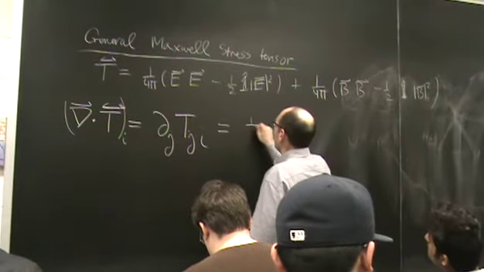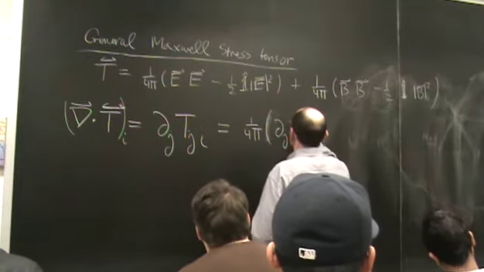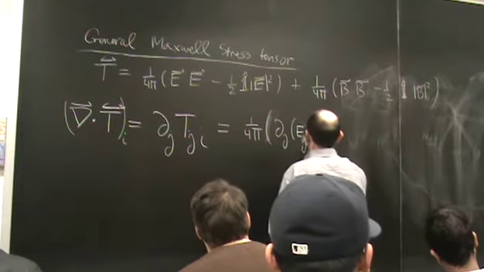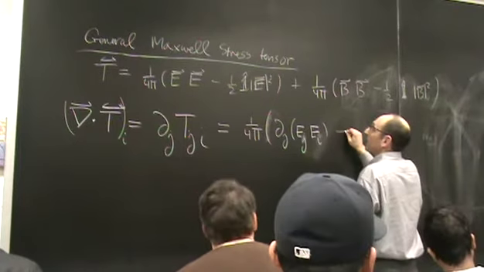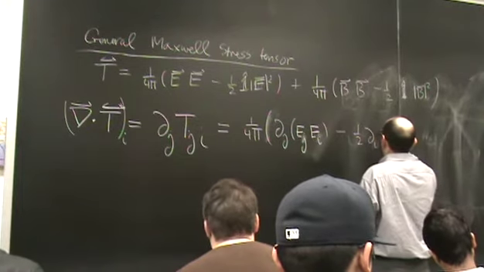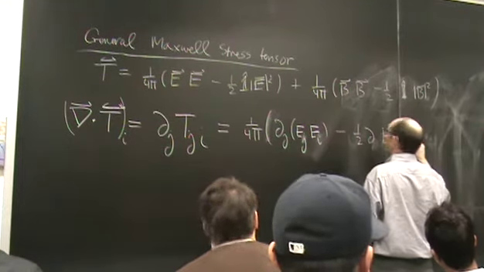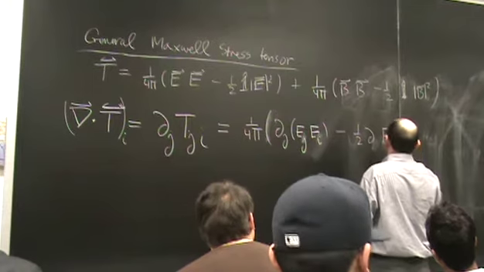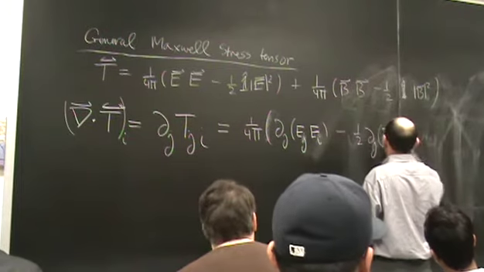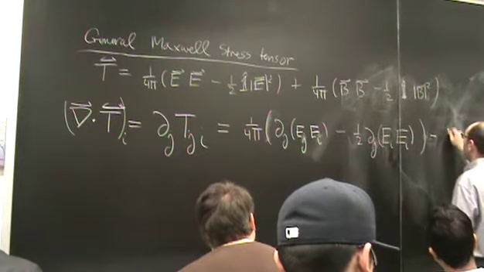So, what do we got here? Well, we're going to have 1 over 4 pi, d by dj of E_i E_j, that's T_ji, minus delta ij times half E squared, and then the same thing for the magnetic field.